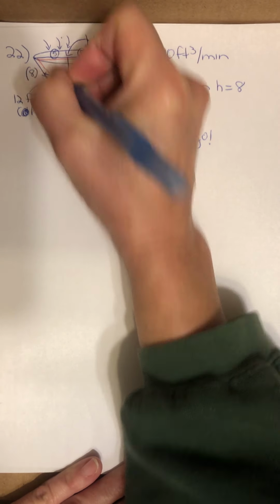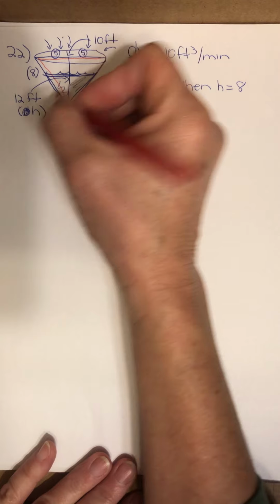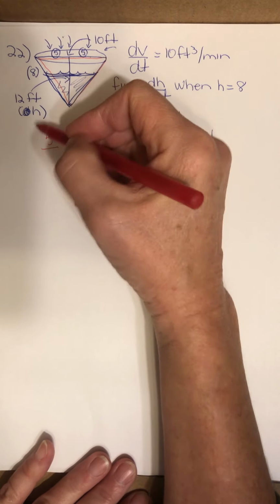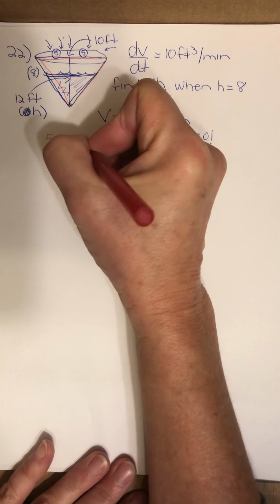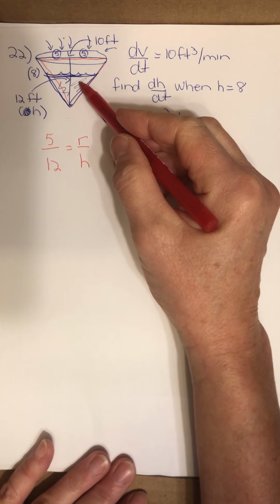And here's the smaller triangle. So here's what we know. If the whole tank was full, the ratio of the radius to the height would be 5/12. And that ratio remains no matter how much water is in the tank.